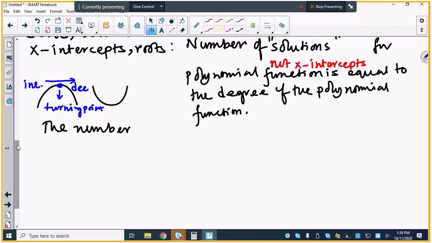And the other situation is when we are changing from decreasing to increasing, which is our second picture. The point of a local minimum or relative minimum is also called a turning point.